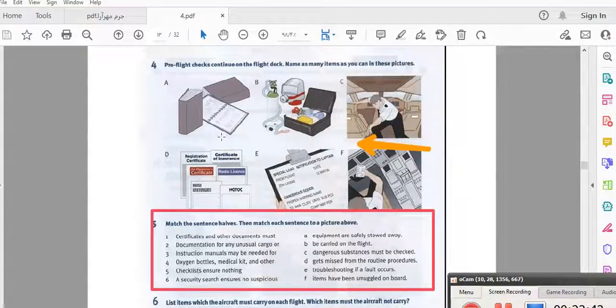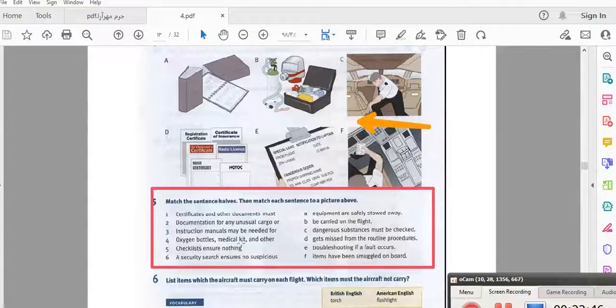Why should we keep the flight manuals in the airplane? Maybe they are required for faults. For example, if there is some fault, you should solve it. This means troubleshooting. We should be careful. We should be prepared to solve these faults.